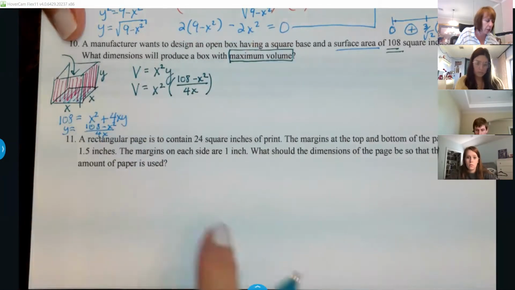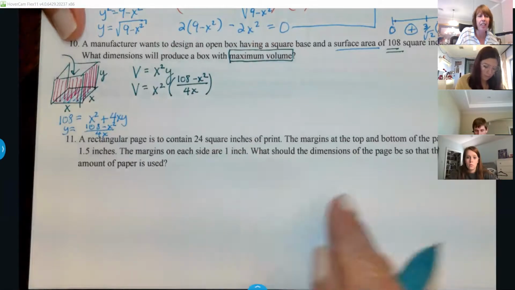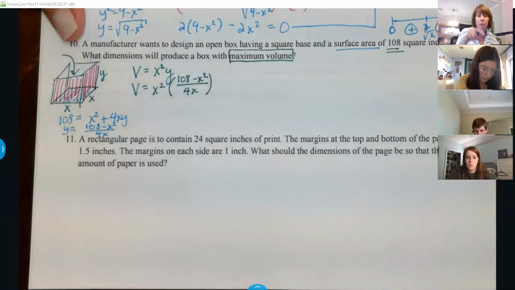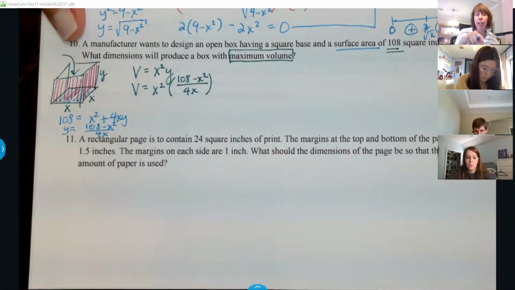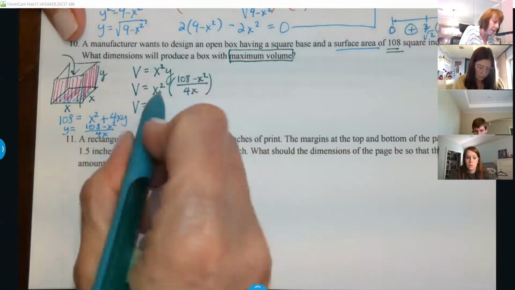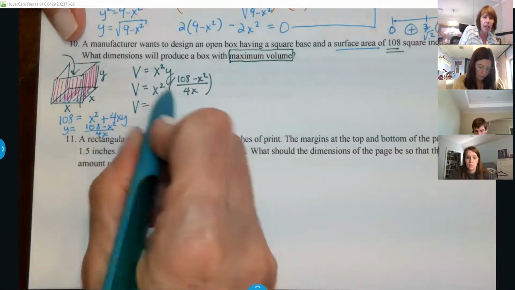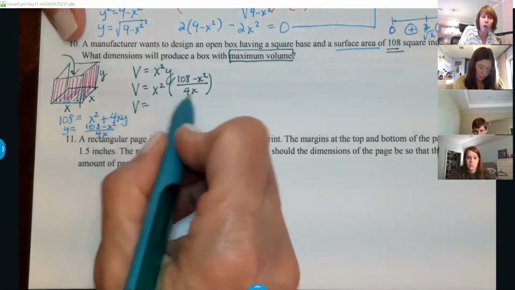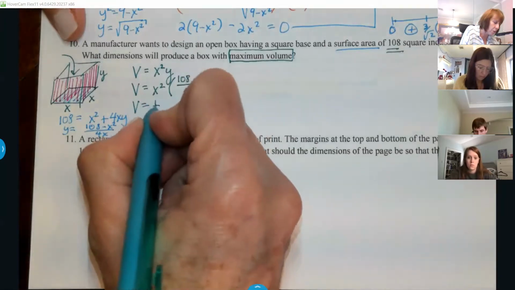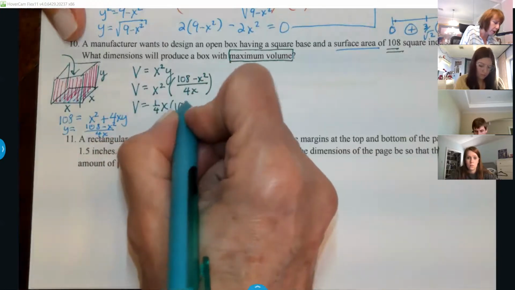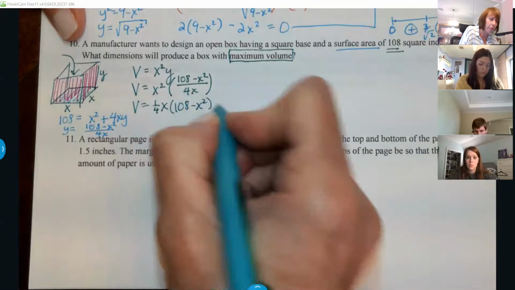That's good because it's only one variable, and it's bad because it's a mess. So we're going to clean it up before you take the derivative. I'm going to cancel one of these x's with that x on the bottom, and I'm going to bring out this 4 as a 1/4. So that's going to be 1/4 x times 108 minus x squared.